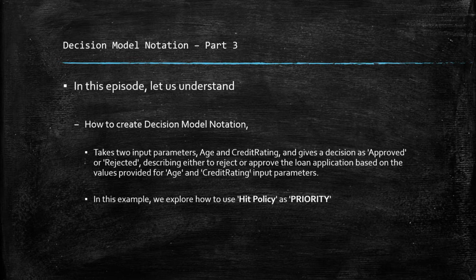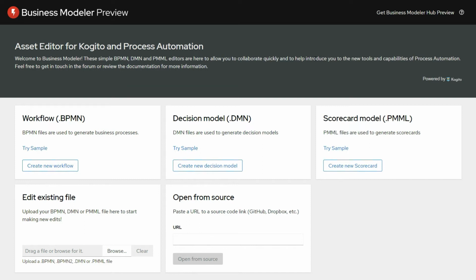So without further ado, let us look at how to create a decision model that uses a decision table for defining the logic or the rules and which uses hit policy as priority. Open the Kogito business model preview tool and click on create new decision model.